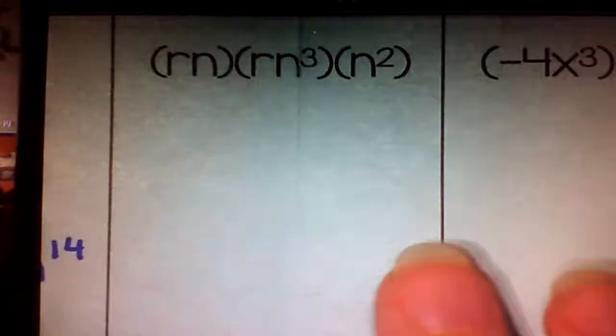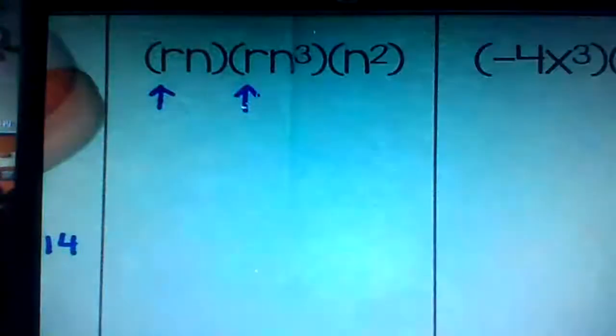Okay, so let's look at this one. So R raised to the 2nd, I have R times R. So that was what? R squared.